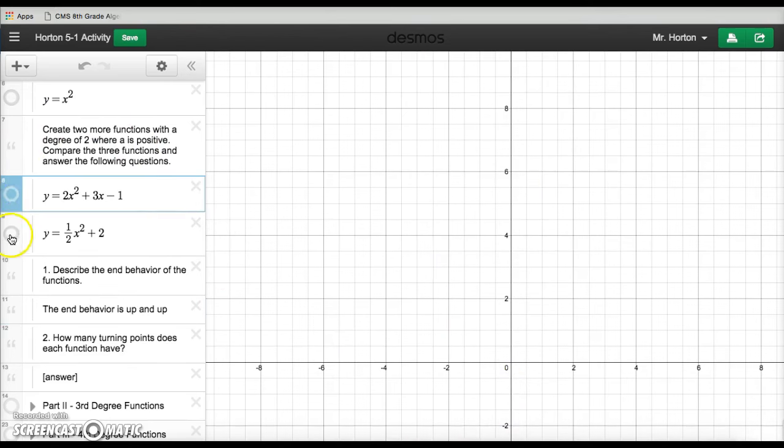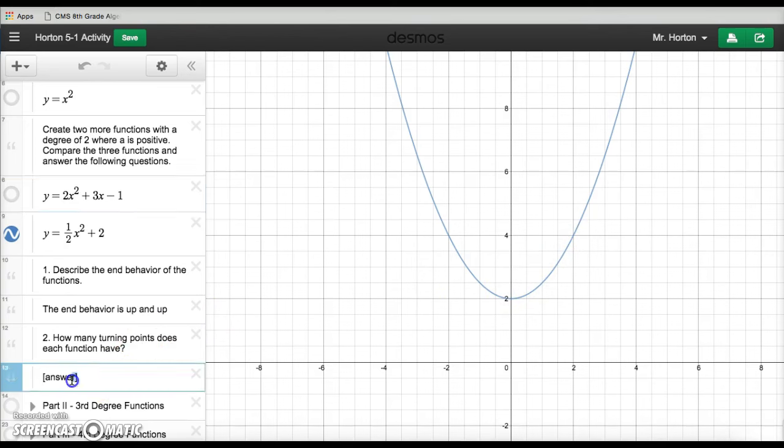And we'll look at our third function, and we can see that the function is decreasing, and then it changes direction and starts increasing. So it has one turning point. So each of these functions has one turning point. So we could say each function has one turning point.